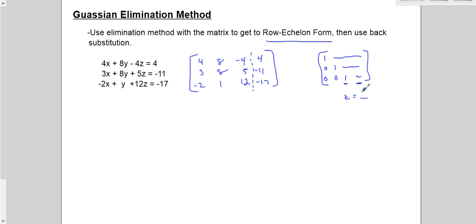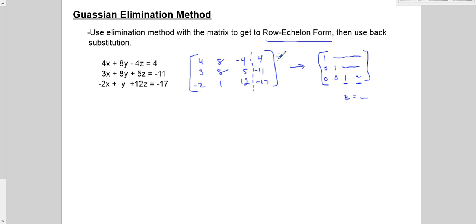And then we take that, plug back up into the second row to find y, and then plug back up into the first row with your x, your y and z to find your x. Okay, so that's what we're trying to get to. So the very first thing I have to do here is divide this first row by 4 so that I can get a 1.